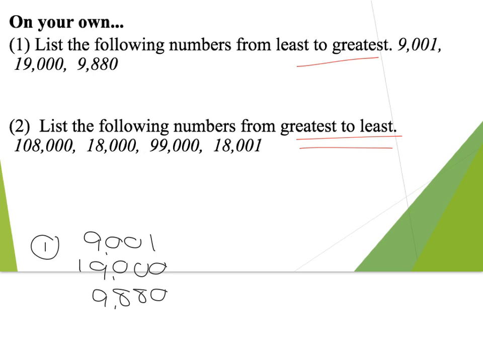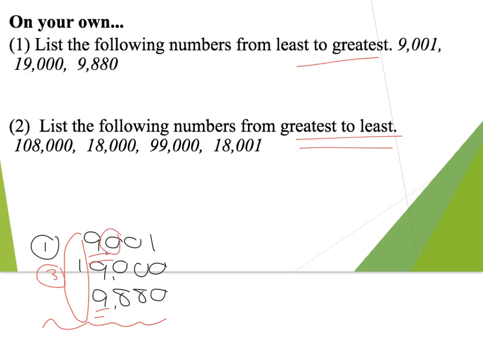Okay. Here below you see that I have listed our numbers based on place value. In the 10,000s place, only one of these numbers has a digit in the 10,000s place, so that will be our largest number. So this will be listed last because we're listing from least to greatest. Now comparing the other two numbers, they both have a 9 in the thousands place, so we're going to move on to the hundreds place.